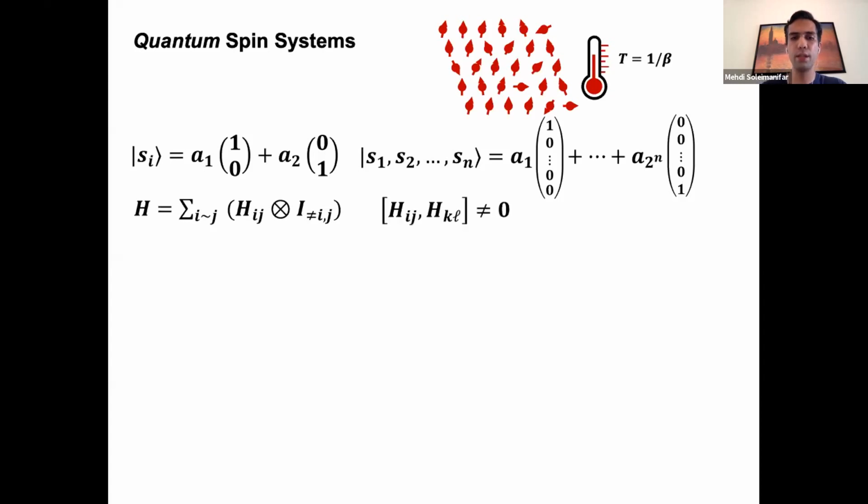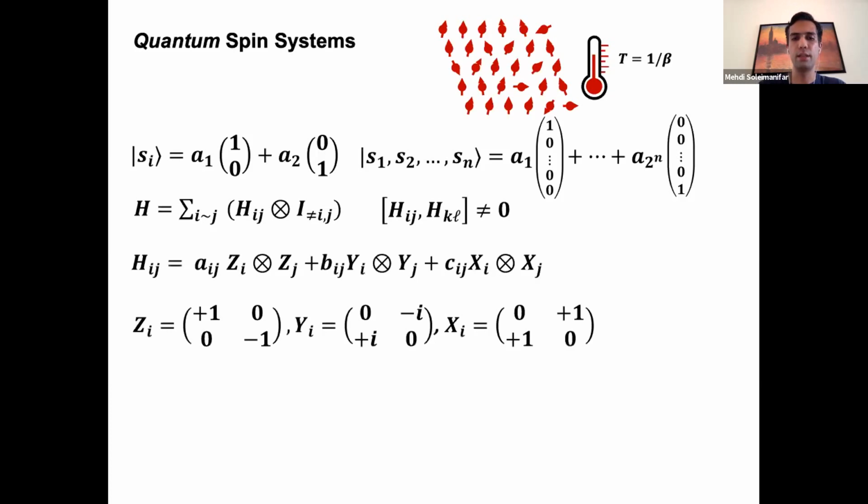But now these terms, which we assign to the edges, for example, need not commute with each other. And an example of that is the following interactions. This is very common in physics. So these are what I had in the previous slides, and x and y are just other matrices with plus or minus 1 eigenvalues, but they're not diagonal in the same basis as z.